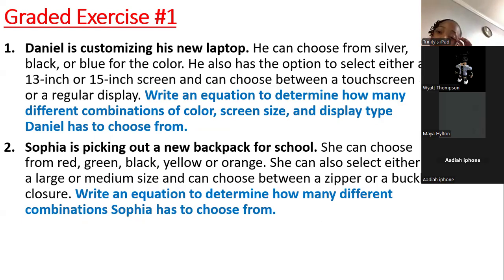Adaya, what number you on? Adaya, where's Adaya?